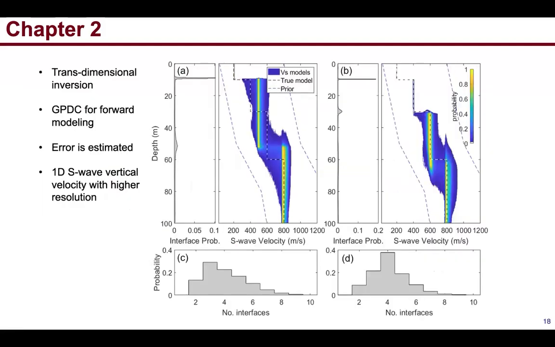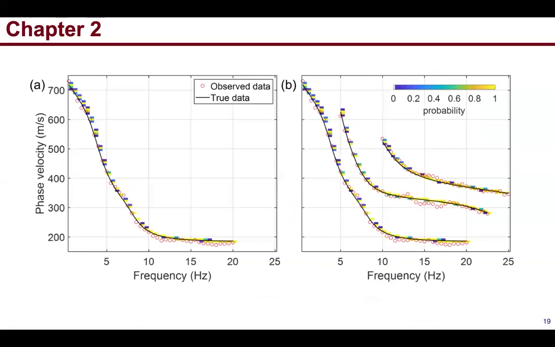But the results are quite different. So it is not related with our inversion method. It is actually related with the data limitation and the model relationship. It's because the data is quite limited to characterize our model.